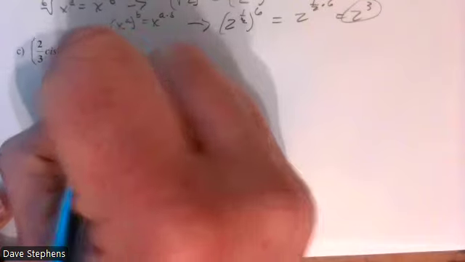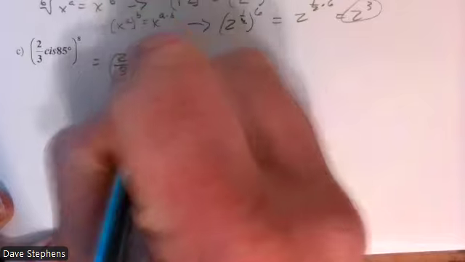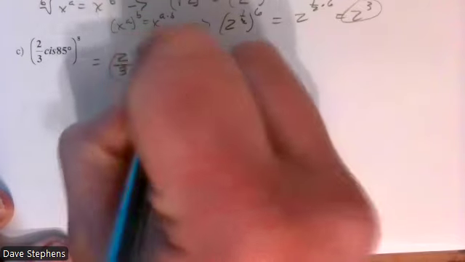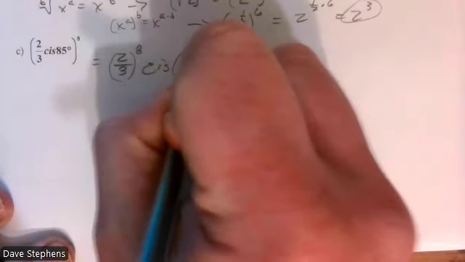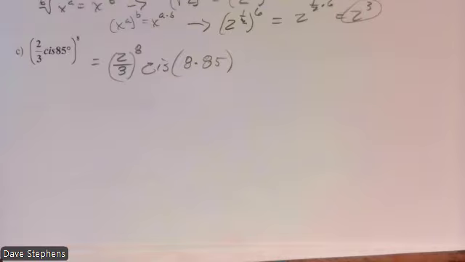All right. So we get 2/3 raised to the 8th power, cis 8 times 85. Oh, boy. I'm not a big fan of that, but we're going to go for it anyway.